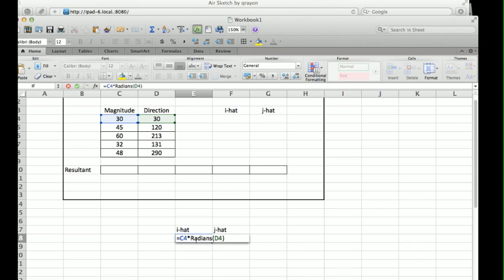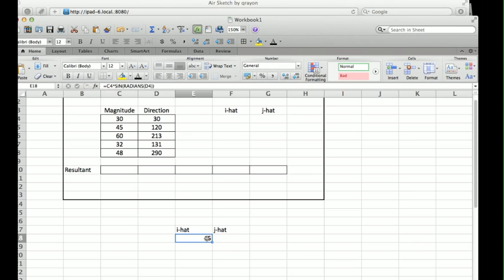Now we want to take the sine of that. So we're going to come back out here in the front and we're going to do sine of radians D4. And hopefully that'll work. Okay. So, yeah, the sine of 30. Okay, yeah.